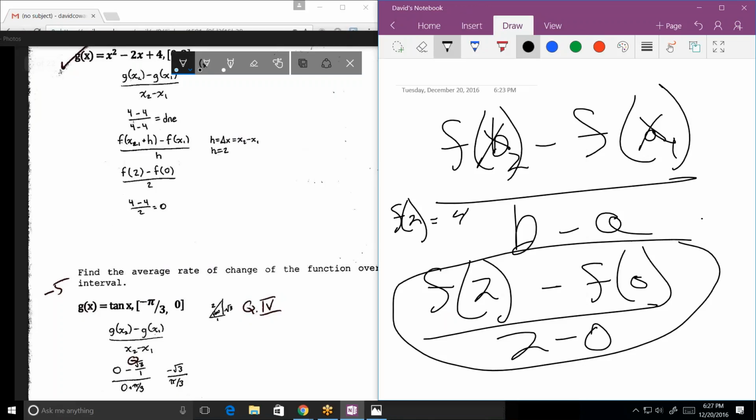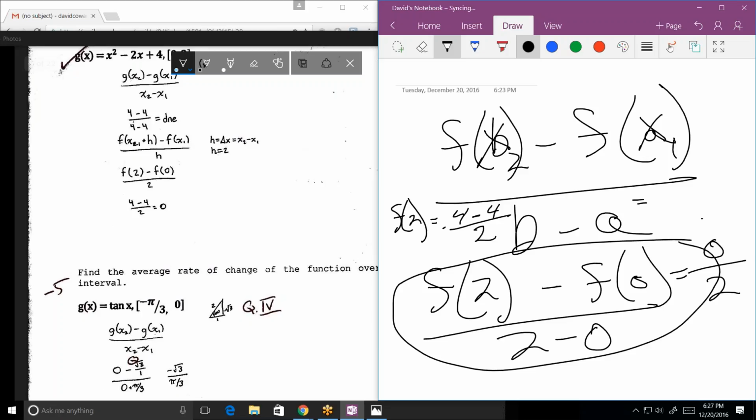Okay. 4 plus 4, minus, what's f of 0? 0 minus 0 plus 4, so it would be 4. Okay, and now what is 2 minus 0? It's 2. Okay, so what this equation gives me is 0 divided by 2.